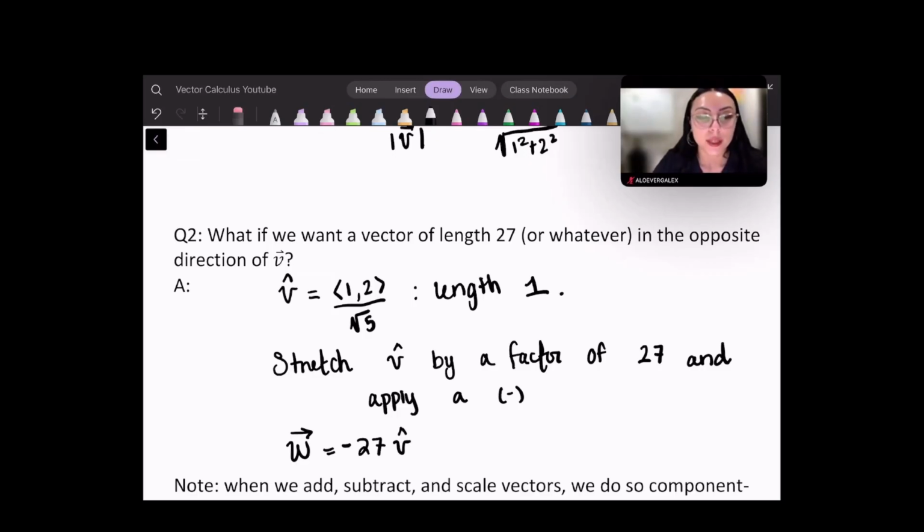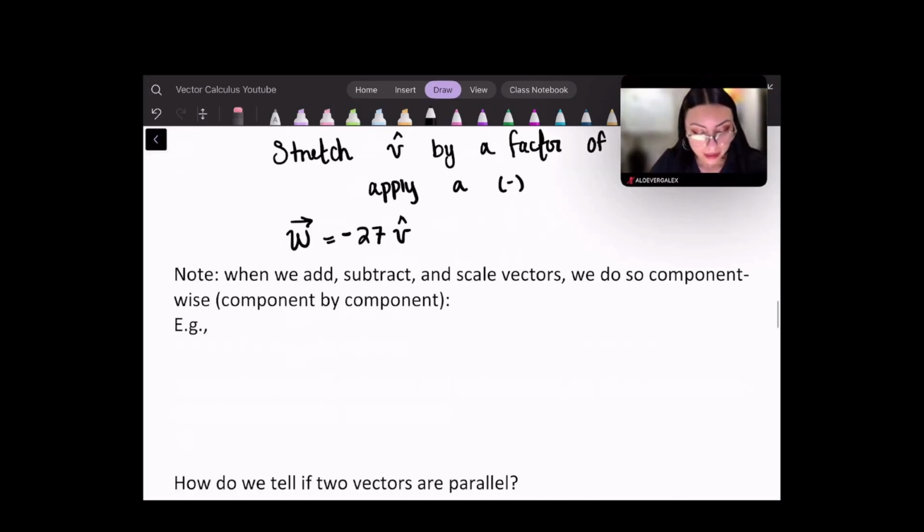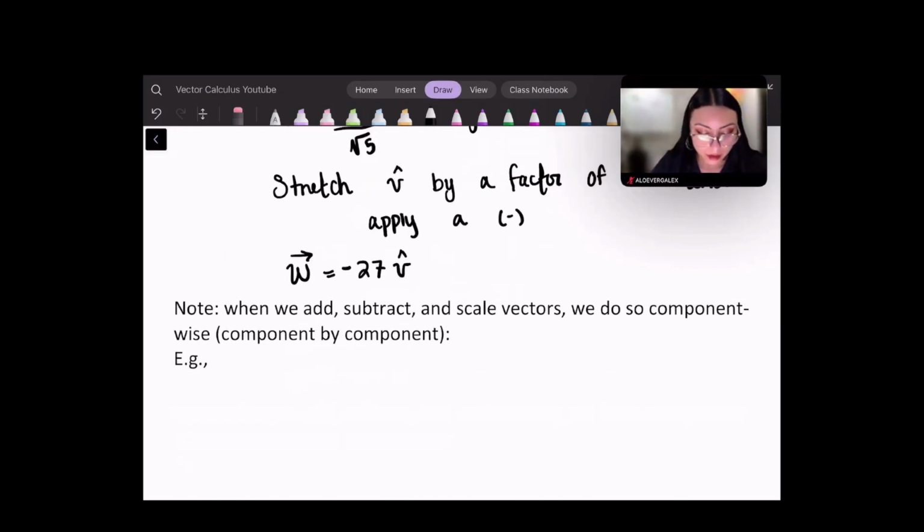Okay, so quick note, when we add, subtract, or scale vectors, we have to do it component-wise. So that just means perform this operation component by component. So let's do an example. Let's say we have the vector 1, 2, 3, and we want to add it with the vector 4, 5, 6.